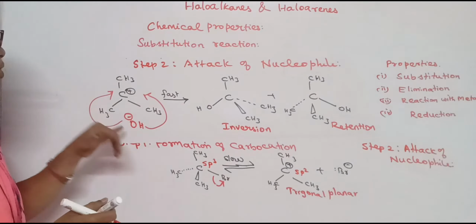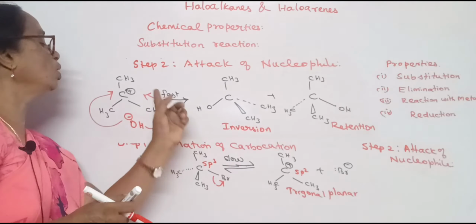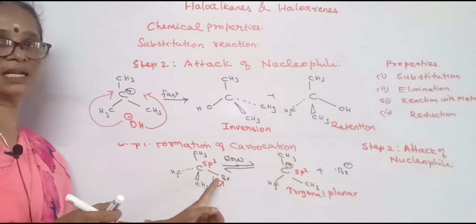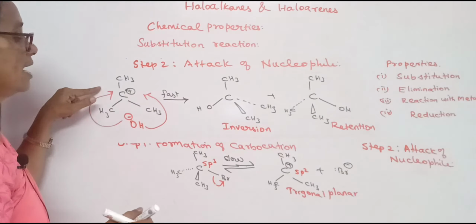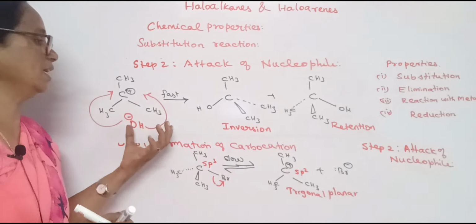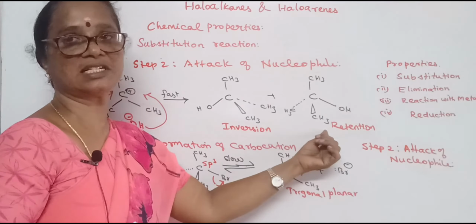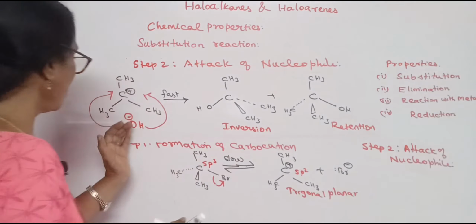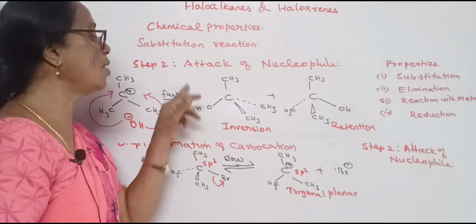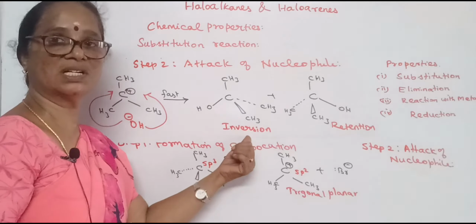When the nucleophile attacks the carbocation, it may go to the side towards where the halide ion is present, or it may go to the side opposite to the halide ion. As a result, we may get the inverted product and the retention product. So if OH minus goes behind the carbon, the geometry, that is the spatial arrangement of the molecule, is inverted.